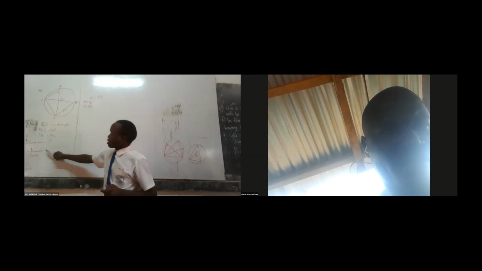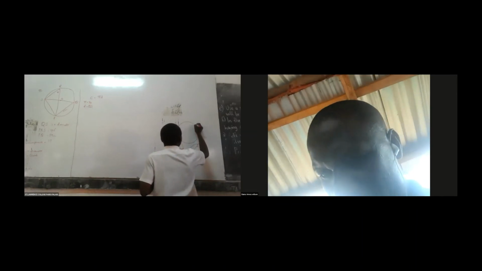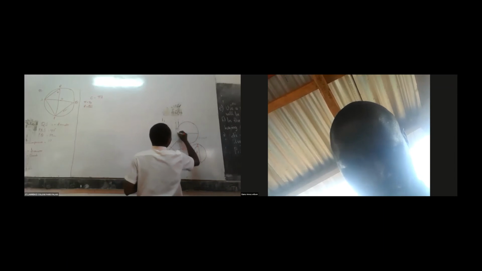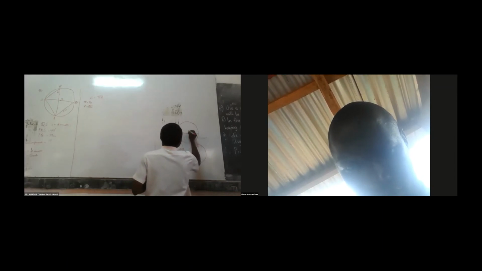Now for the diameter, the circle property states that any angle made by the diameter at the circumference. For example, if this is my diameter, this is the center.